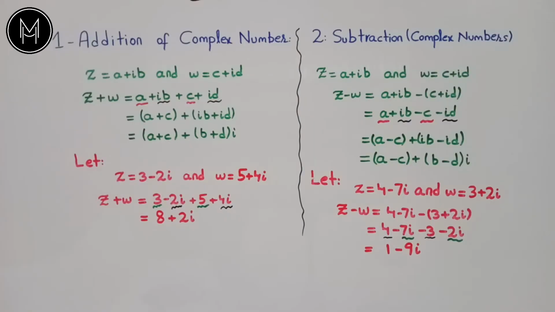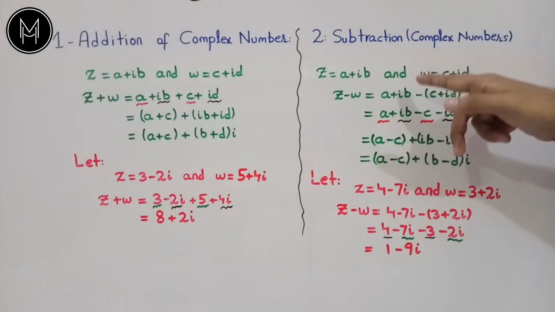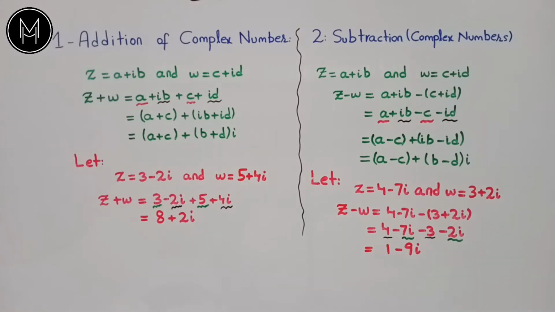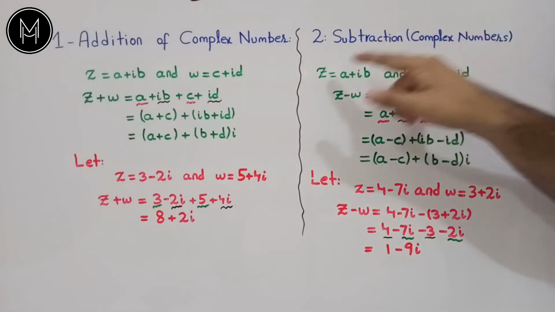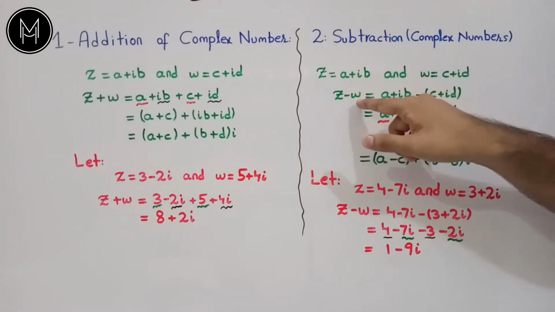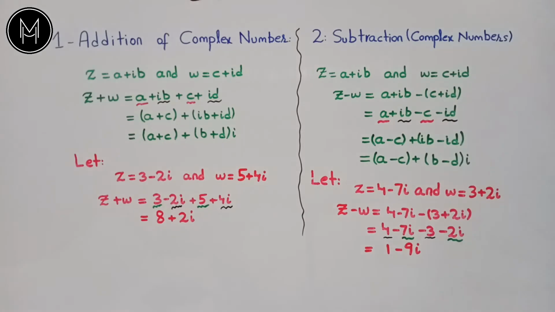For subtraction, again let we have two complex numbers in general form, z and w. z is equal to a plus ib and w is equal to c plus id. We want to subtract complex number w from complex number z. For this purpose, z minus w is equal to a plus ib minus (c plus id).